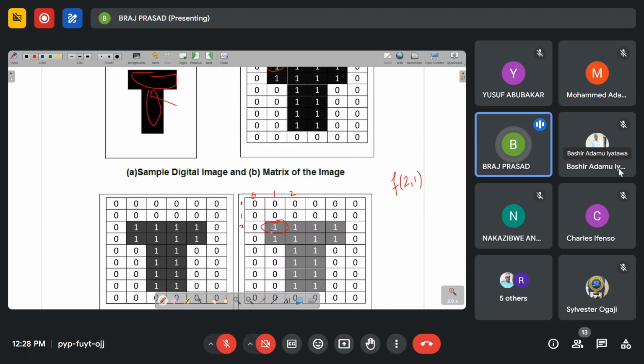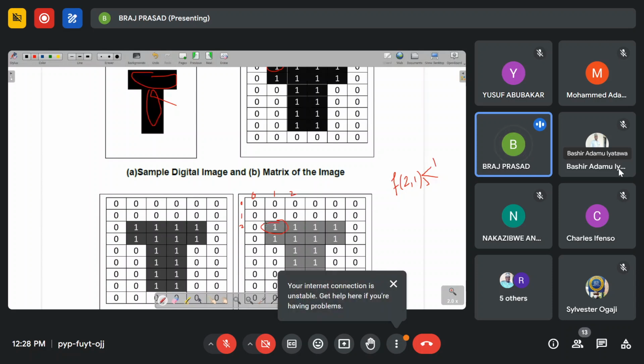This is cell element F21, and it has the value 1, but its intensity at this place is less than the intensity of this place. And the color at this place is black. So we will store the different values related to this cell element.